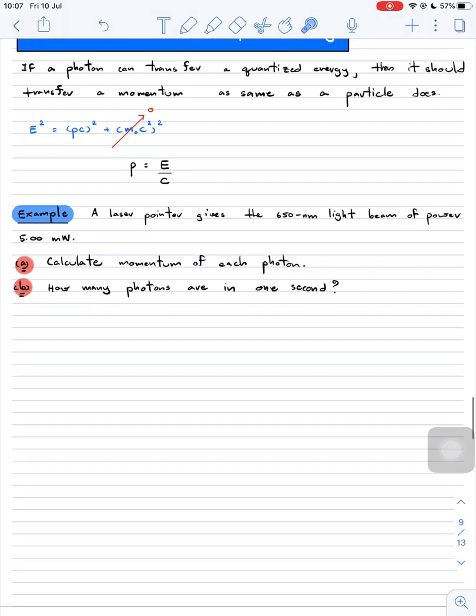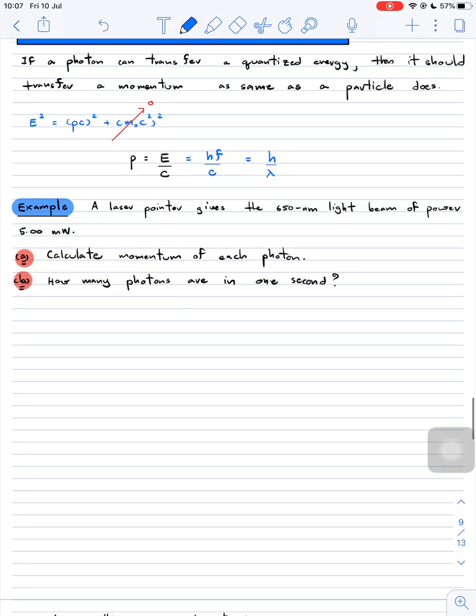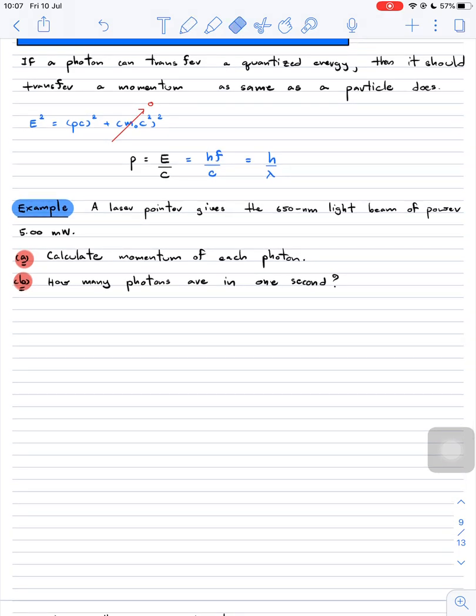But we know that E equals h times f. Then we can get that f over c equals 1 over the wavelength.